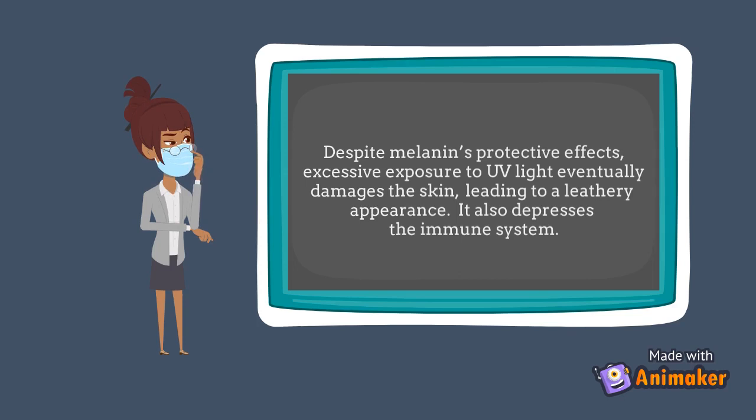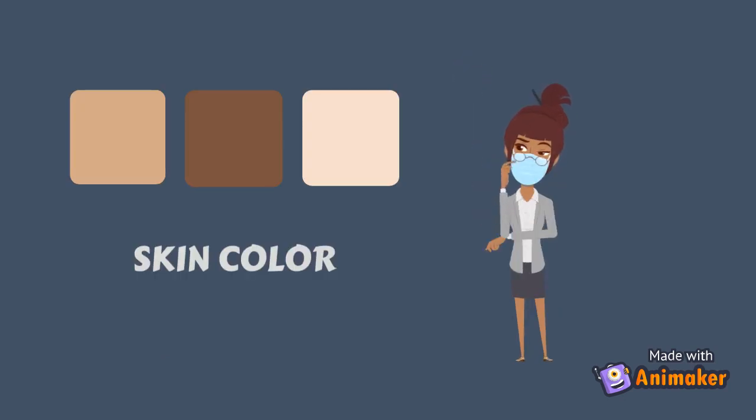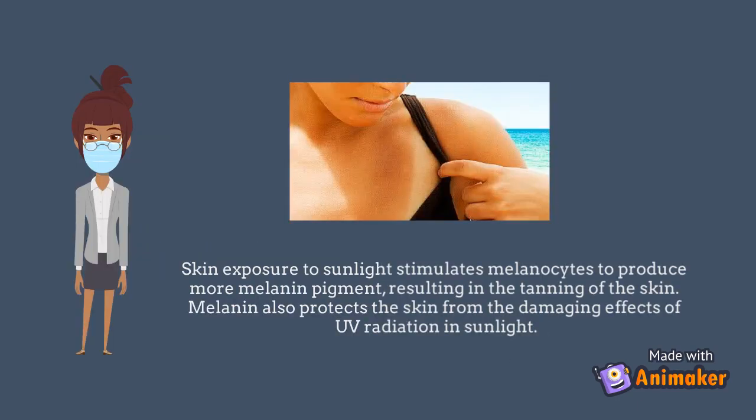So now, let's learn more about our skin color. Melanin, carotene, and hemoglobin are the pigments that contribute to skin color. Skin exposure to sunlight stimulates melanocytes to produce more melanin pigment, resulting in tanning of the skin. Melanin also protects the skin from the damaging effects of UV radiation and sunlight.